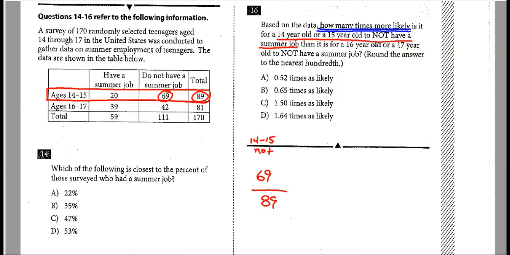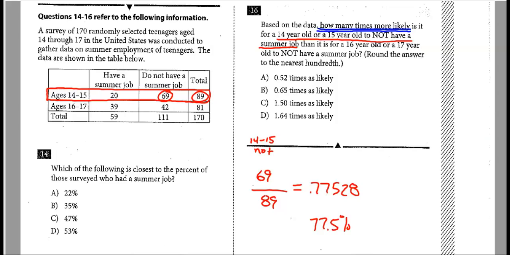When I change that to a decimal, I'm going to get 69 divided by 89, which is 0.77528 and some other numbers. So let's just call it 77.5%. That's the likelihood of a 14 to 15-year-old not having a job.